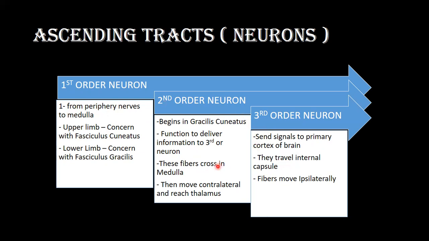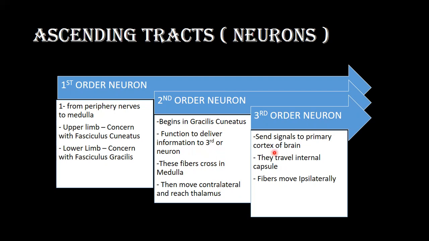It is located in the medulla oblongata. Here in the second order neuron, the fibers move contralaterally. What is meant by contralaterally? The fiber crosses at the level of the medulla oblongata and then moves. So the crossing is known as the contralateral movement.